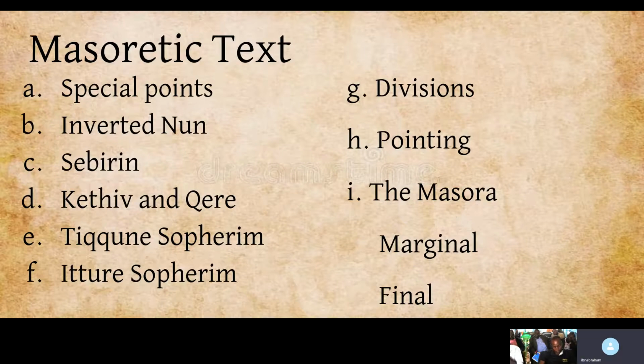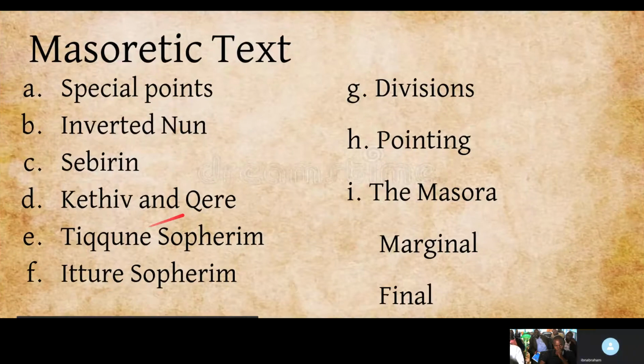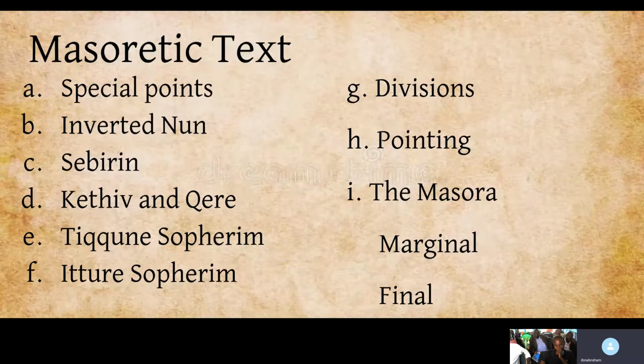So each of these categories is made by the Masoretes in the Middle Ages. They also arrange their text in certain ways under divisions. These divisions are like paragraphing or readings for a particular Sabbath service.